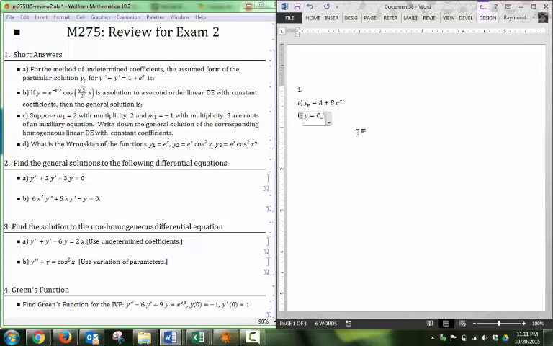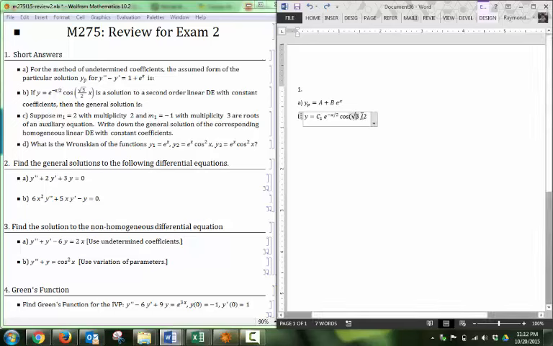So let's express this as a linear combination with c1 and then e raised to the minus x over 2 times the cosine of the square root of 3 over 2 times x.